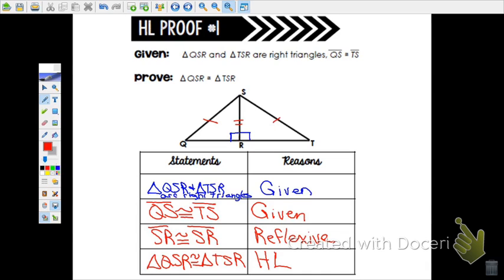When I look at my proof, I only have two congruent statements. When I look at my picture, there are three things marked because of that first given telling me that I have right triangles. So I know I have that right angle that I need for hypotenuse leg.